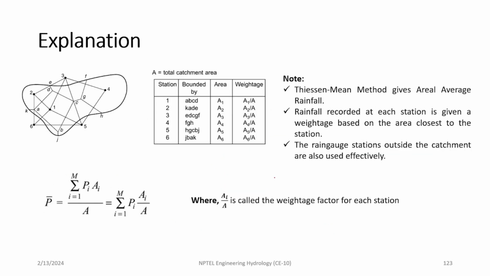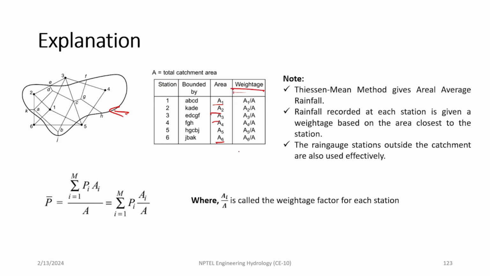Okay, let's go through some details. If we have a catchment boundary like this, and we are provided with stations 1, 2, 3, 4, up to 6, then they have highlighted the bounded areas. The bounded areas are A1, A2, A3 up to A6, and then they have computed the weightage for each area.